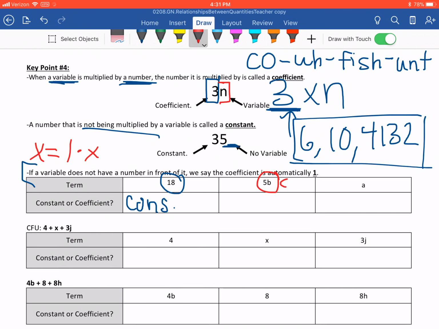Yes, b is a variable, so that means that this is not a constant, it has a coefficient. The coefficient is 5. And for the last part here, the letter a, is this a constant or does it have a coefficient? Well, it's a variable, so that means it does have a coefficient, but since there's no number there, we automatically say that it's the number 1.